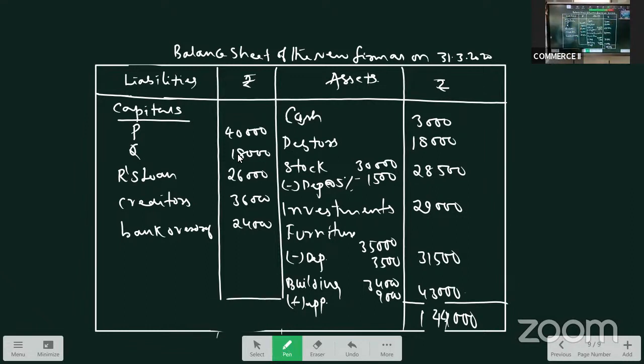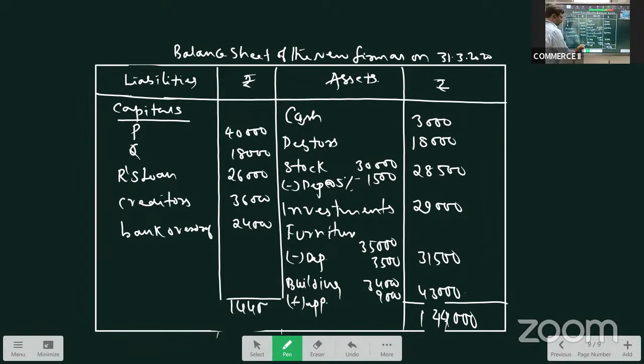On the liabilities side: 40,000, 40, 18, 26. Then this is 36, 60, 86, 96, 104, 142.